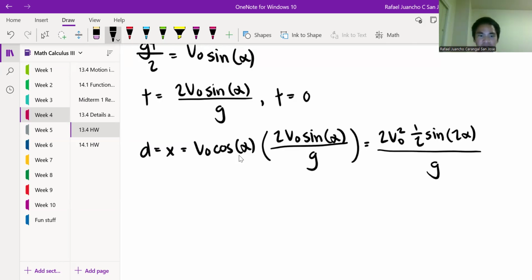And so from here, we can cancel these out. So we get V naught squared sine 2 alpha over g. It's a derivation formula thing. And clearly we see that d has its maximum value when sine 2 alpha is equal to 1.